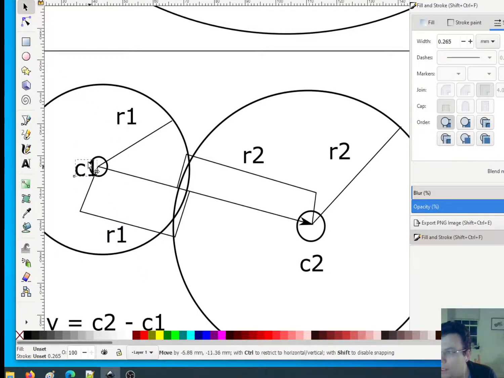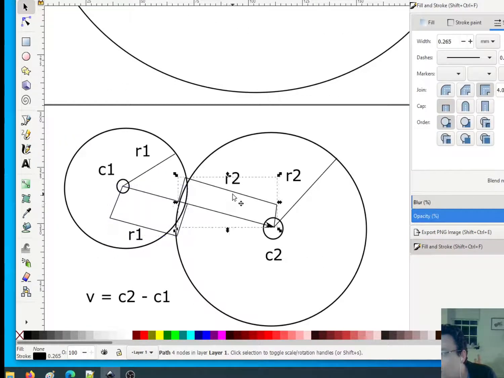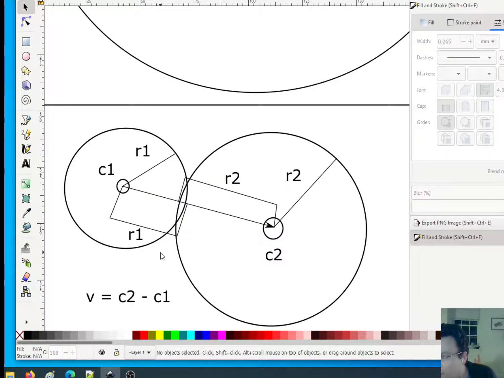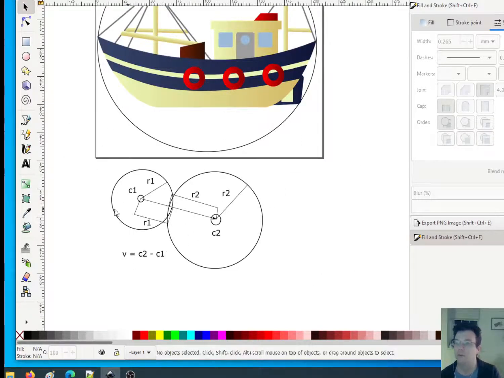So what you see is that R1 plus R2 actually is greater than the length of this vector. See how there's a little bit of extra where they overlap here? So it comes out as a larger distance when you sum the two radii.